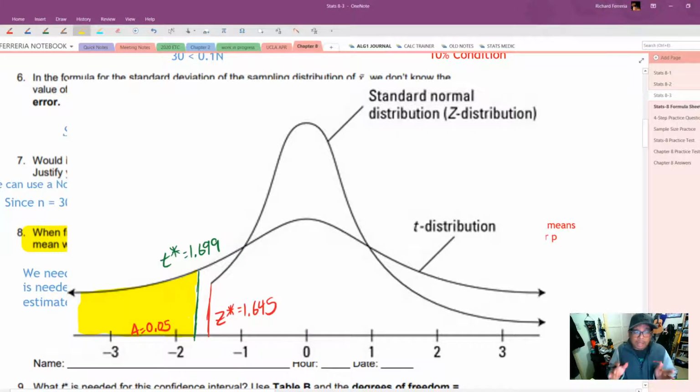And that little extra biggerness, because of the bigger critical value, is going to make my confidence interval just wide enough to account for the error created by using S instead of sigma. So t star is always bigger than its corresponding z star. Hopefully that explanation works.